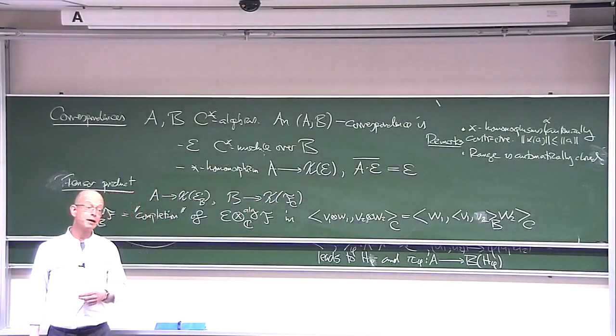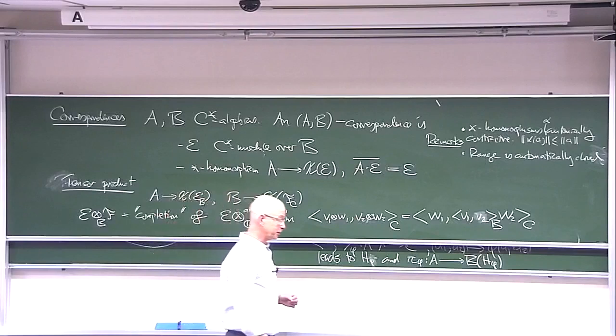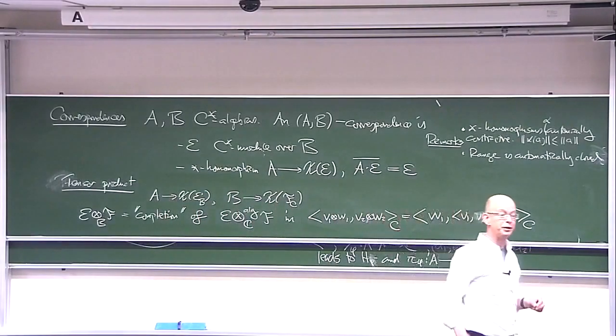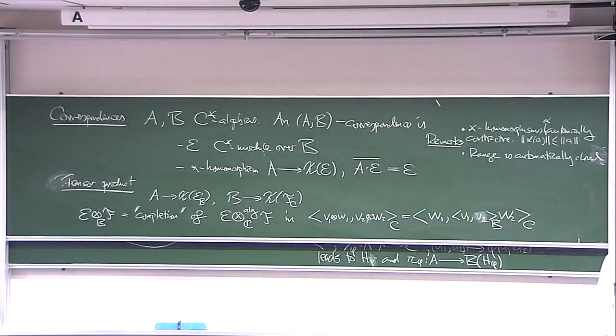When you do this, there may be some vectors, almost always there will be some vectors, whose length, so to speak, is 0. The inner product of that vector with itself is 0. By the Cauchy-Schwarz inequality, they form a subspace, in fact a submodule over C. You divide to form a quotient module, you have an inner product on that quotient module, and you complete, and you have a Hilbert module.